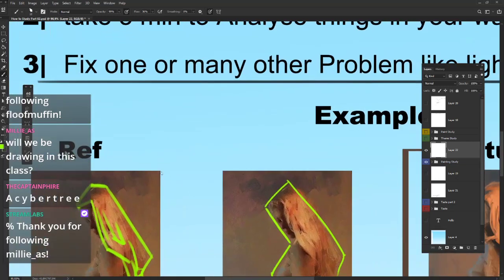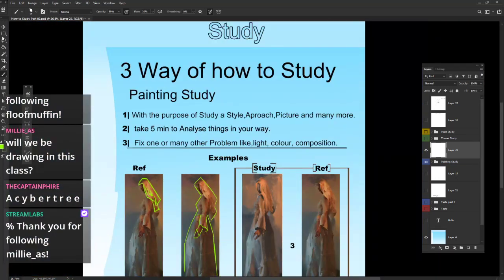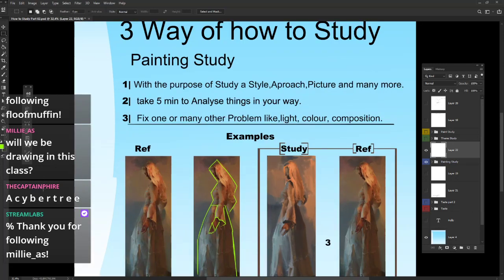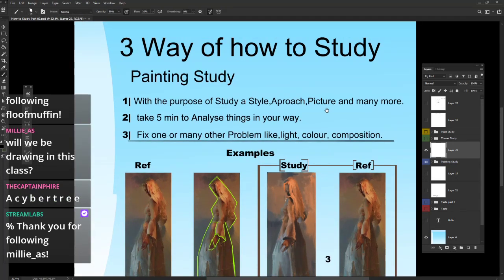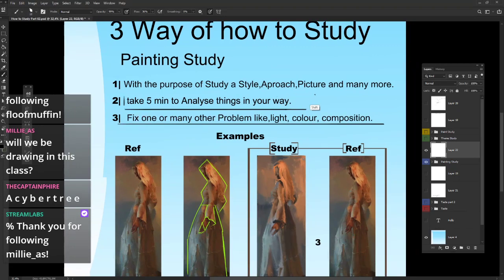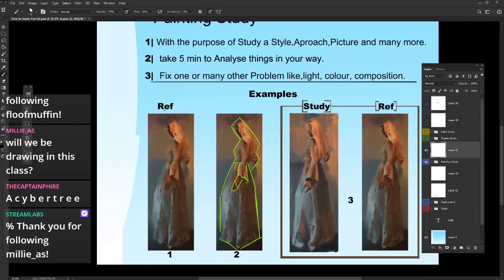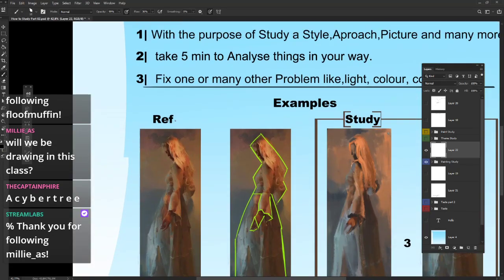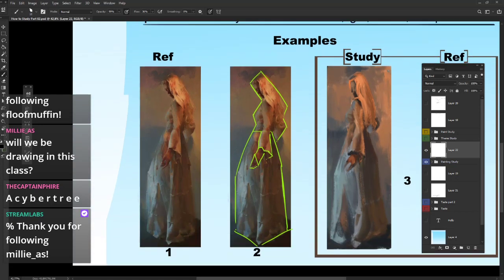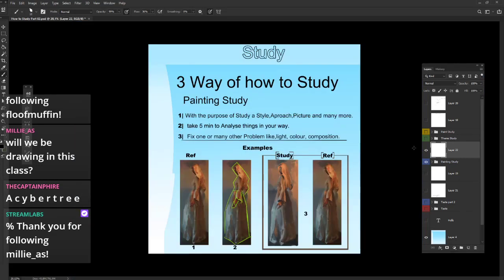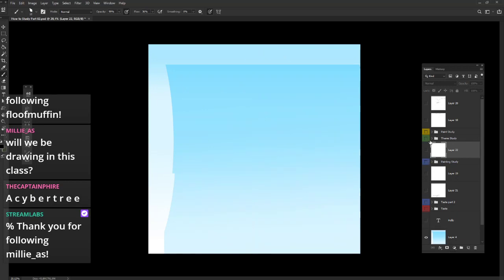What kind of colors did he use and so on. So yeah, take 5 minutes to analyze things your way. There are different ways to analyze it, because depending on what you want to study, for example anatomy, light, or colors, there are different approaches to each one. But let me go to the next one.